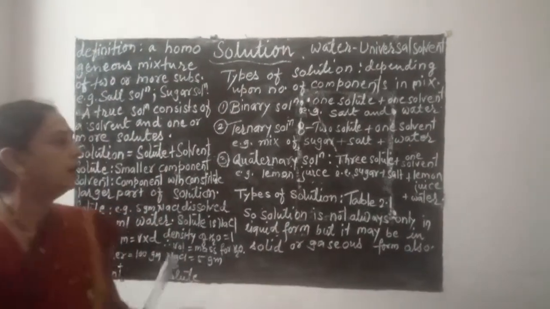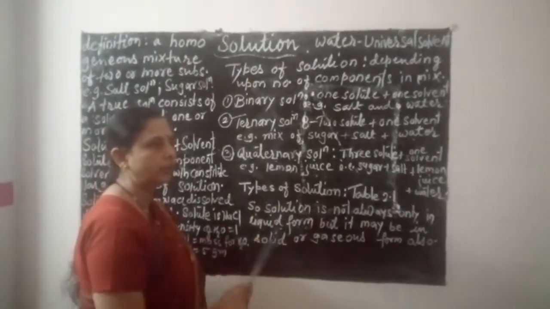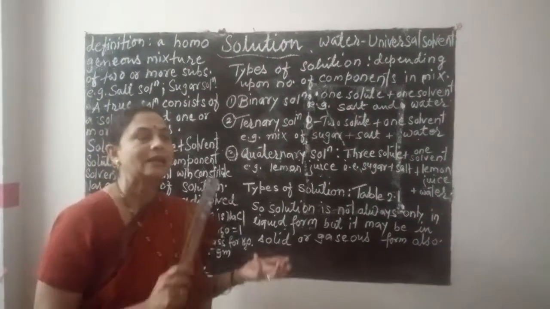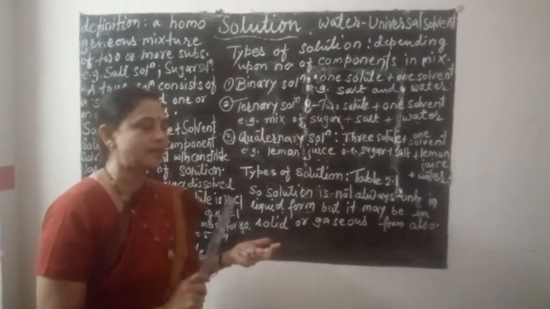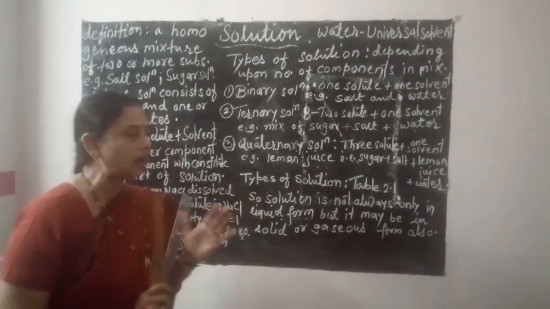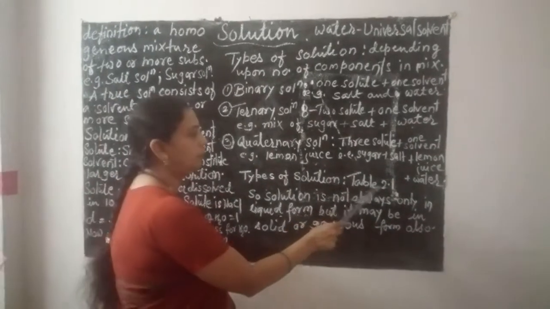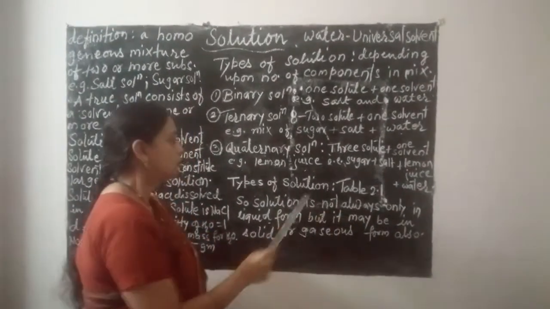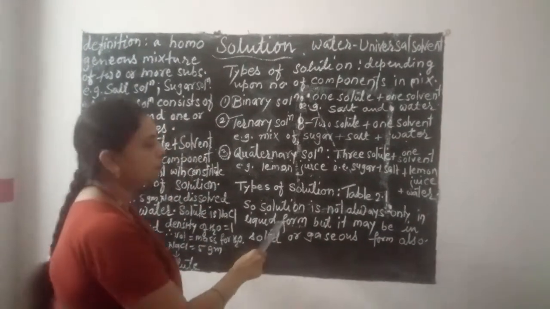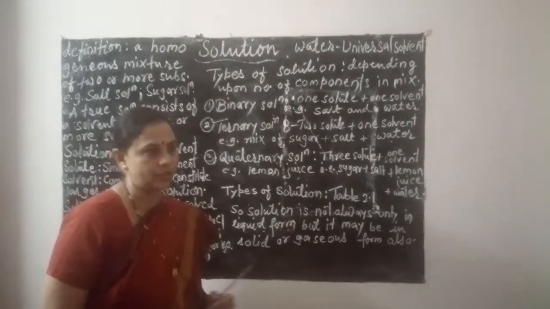Likewise, the second type: liquid in solid, liquid in liquid, liquid in gas. And the third type is gas in solid, gas in liquid, gas in gas. Such 9 types are present in table number 2.1. So please watch this carefully, and the next part we will see in the next lecture.